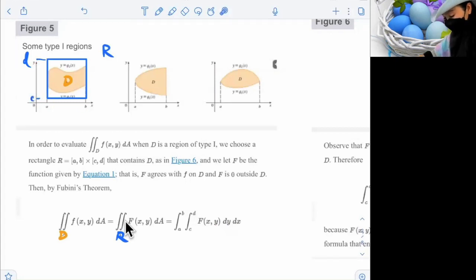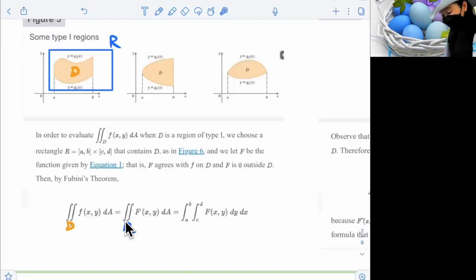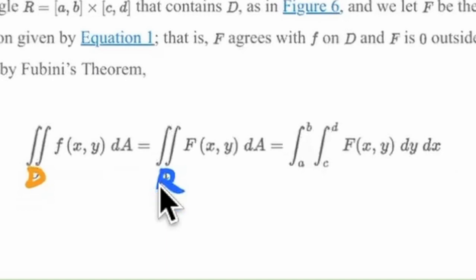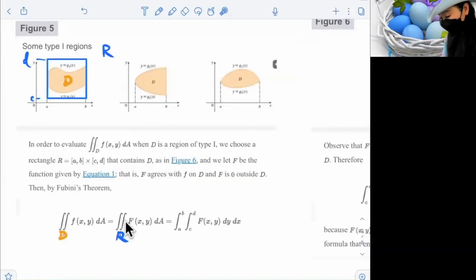But we know how to do a double integral over a rectangle, right? Like in 15.1. What do we do? We integrate either with respect to x first or y first. It doesn't matter, the result will be the same. It is equal to this double integral, where y goes from c to d, and x goes from a to b.